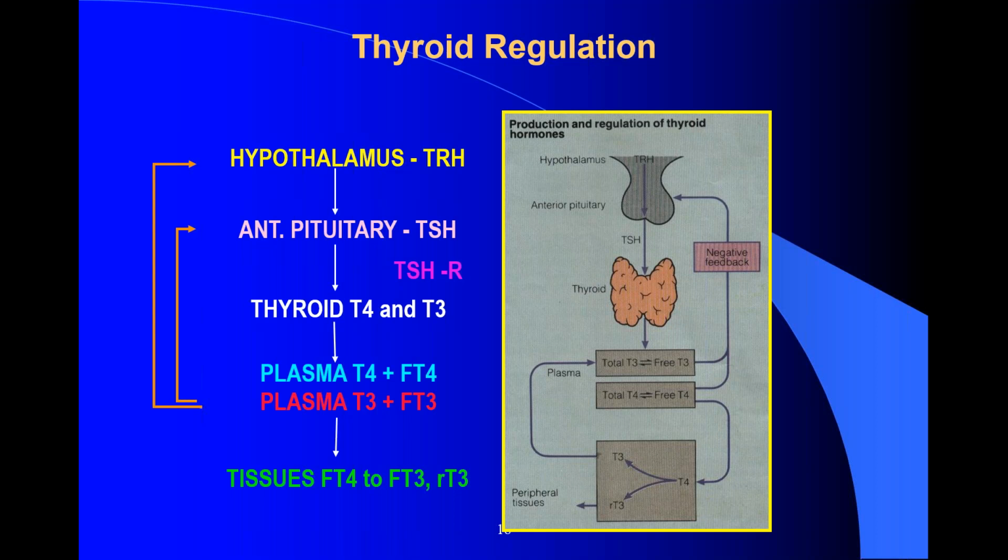Majority, 80% of the secretion, is in the form of T4 and only 20% is T3. In going into the blood, further T4 is converted into T3, and that acts in the peripheral system.